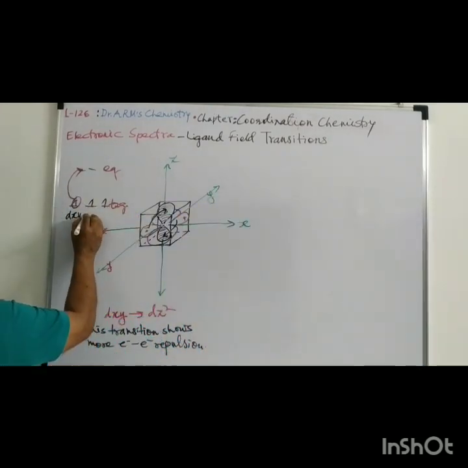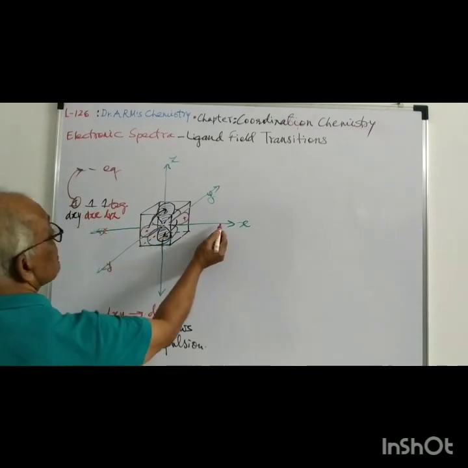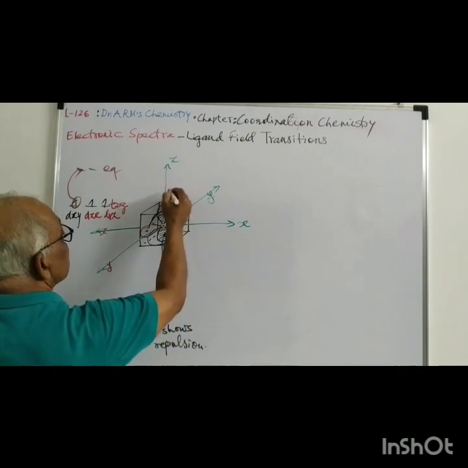Say this is dzx and this is dyz. So this orbital is lying between z and x axis. See, this is x axis and this is z axis.